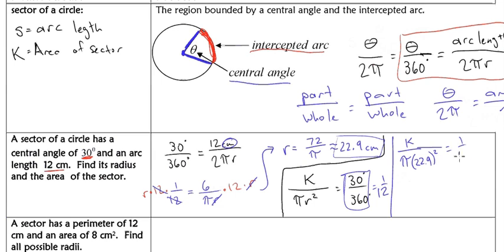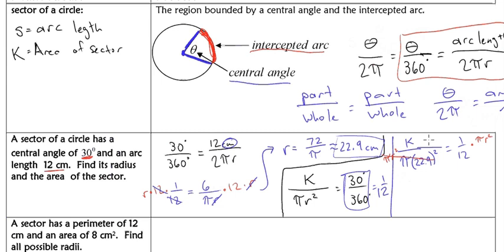Again, that's the 30 degrees divided by 360 degrees. Multiply each side by pi times the radius squared. So pi radius squared. And we know that that's what that is right there. Over on this left side, those denominators and what we're multiplying by cancel out.